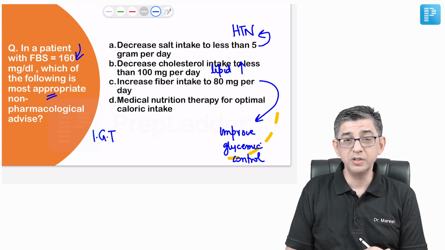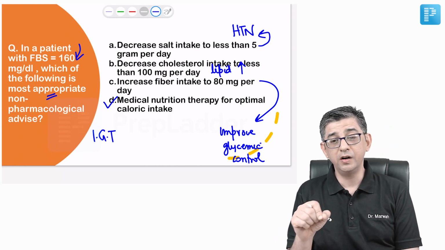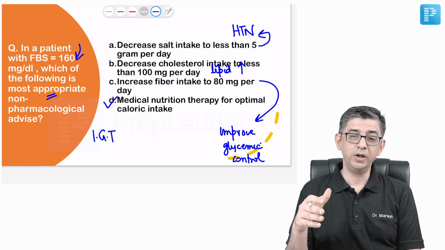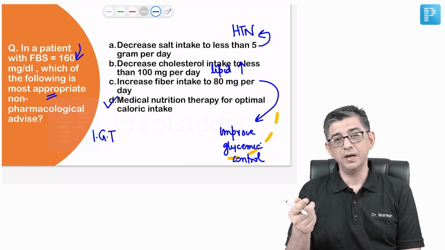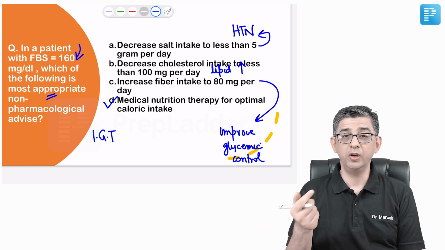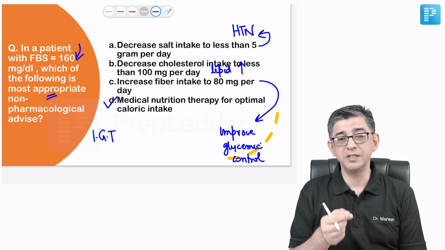I would like to first advise this patient to primarily go in for cereals that have a low glycemic index and especially go in for caloric restriction, because especially in type 2 diabetes with an obesity component present, if they go in for a hypocaloric diet, it improves glycemic control.